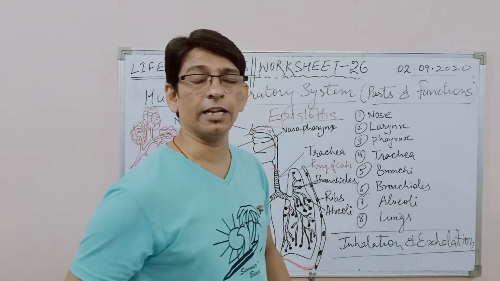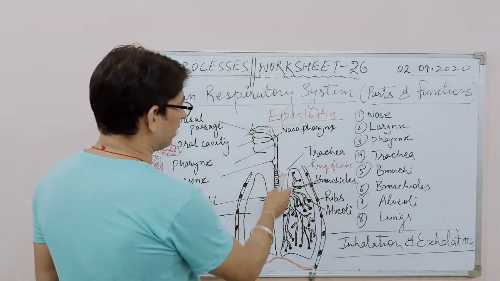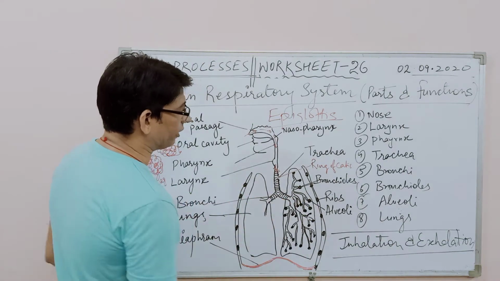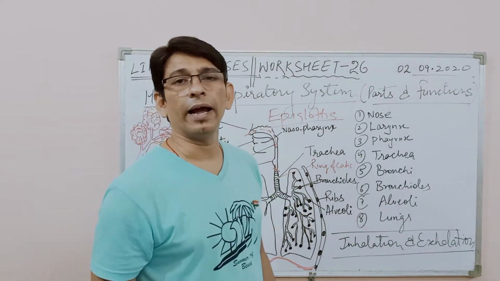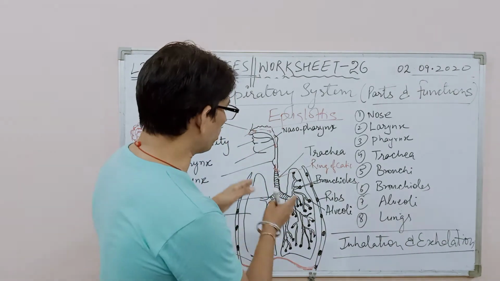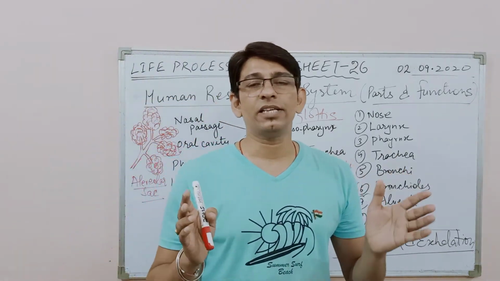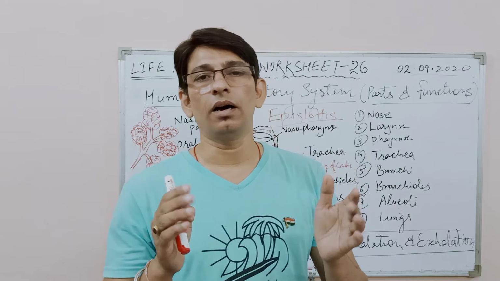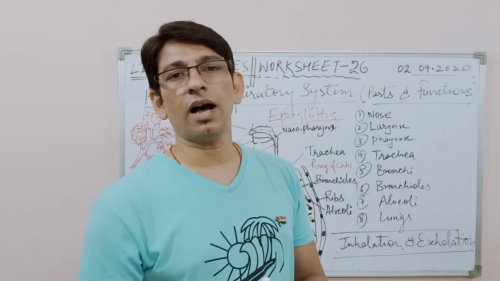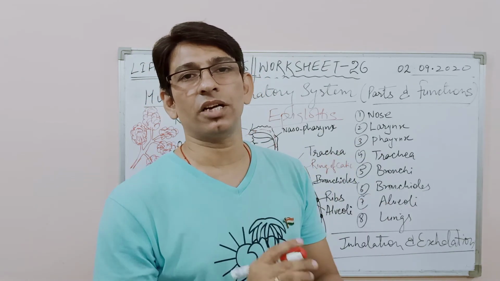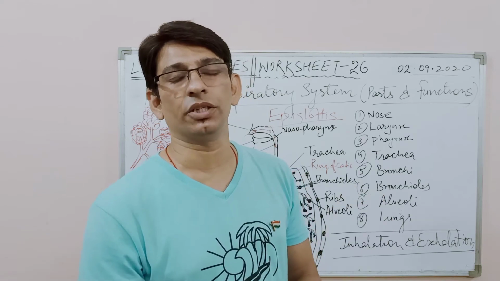After traveling a while, the trachea divides into two bronchi. Each bronchus enters into a muscular sac-like structure called as lungs. Lungs are a bag-like structure which are very elastic in nature.